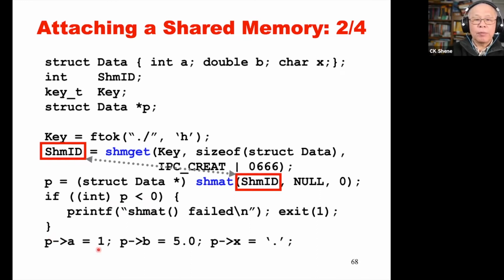So I save 1 to variable A, save 5.0 to the double B, and put a character dot to the character X. Right after you get the pointer from shared memory attach, all subsequent use of this pointer is just like what you have learned in C for malloc and calloc.